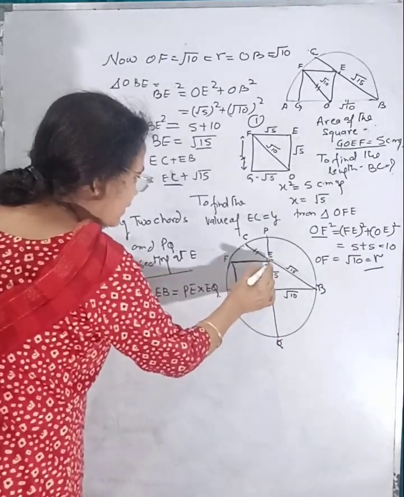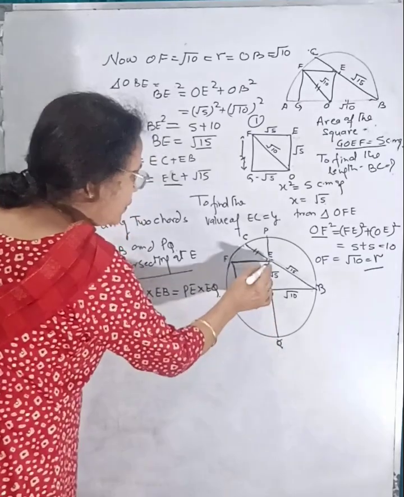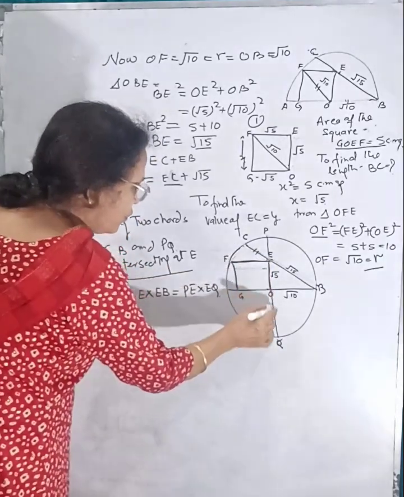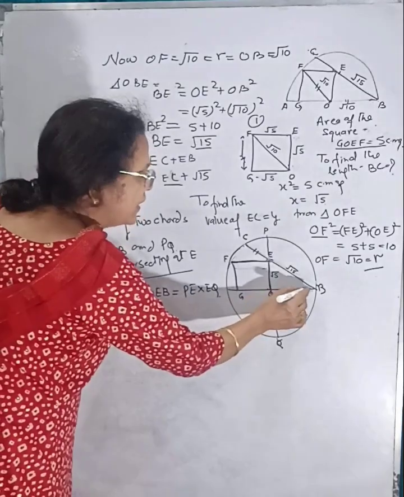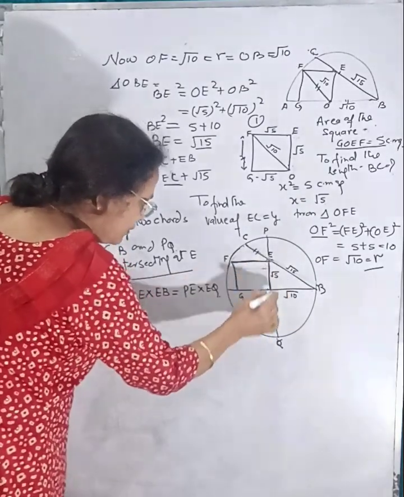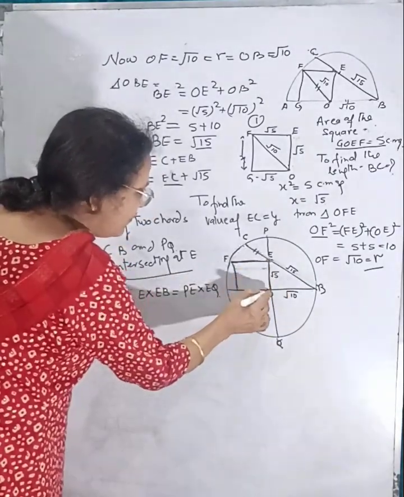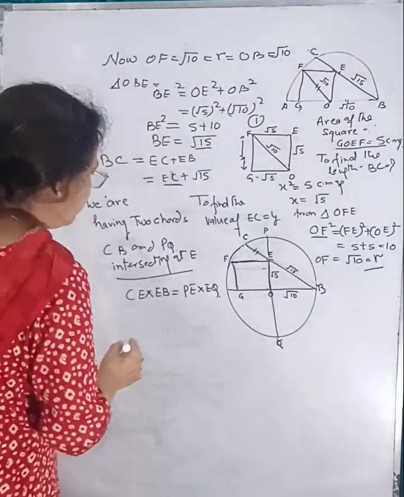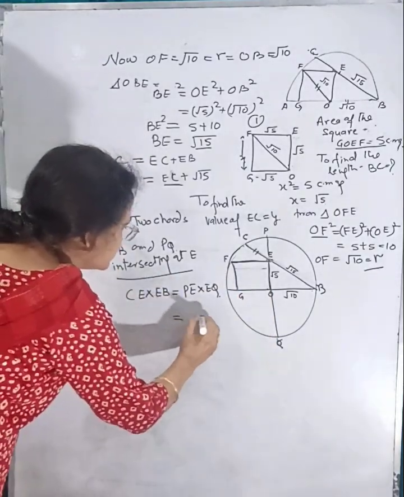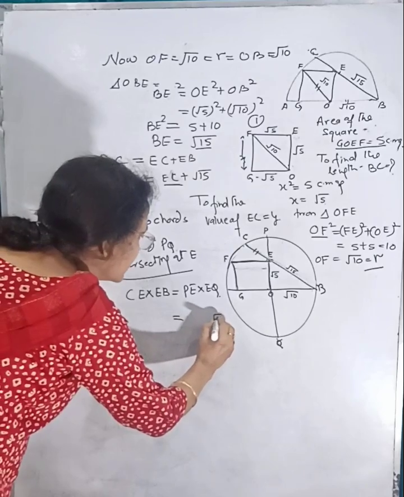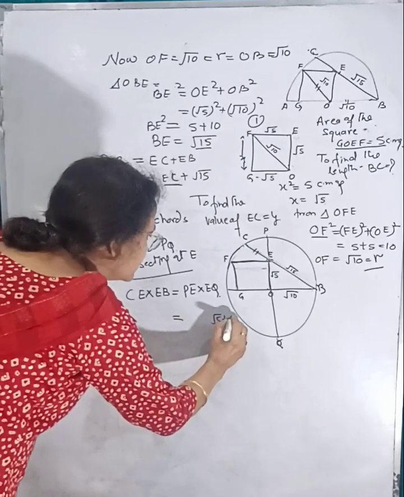EQ is EO plus OQ. EO is root 5 and OQ is nothing but the radius, that is root 10. It means EQ is equal to root 5 plus root 10.